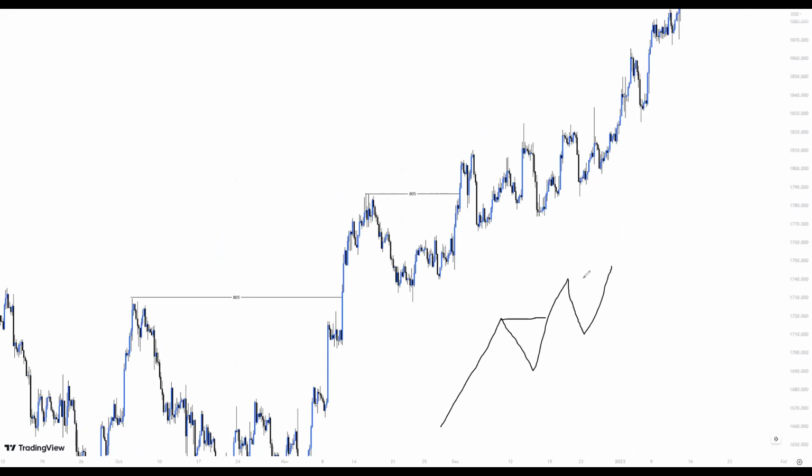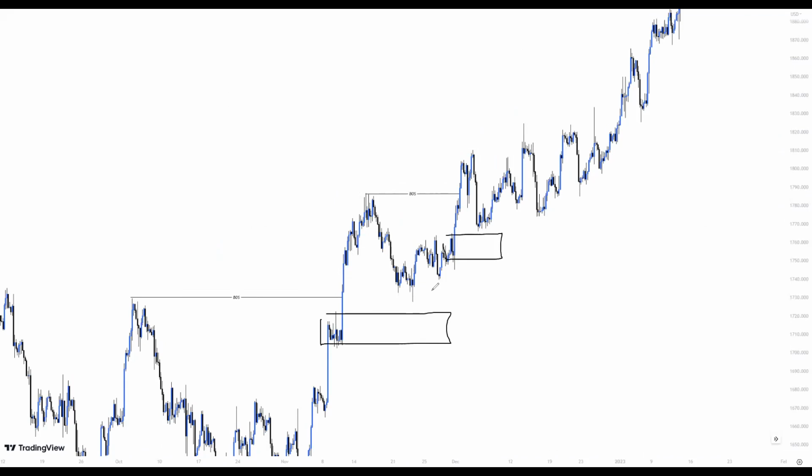Then break of structure again, expect a pullback. From there, of course, that's where you'll have your supply and demand areas. The price will be bouncing and going, so you just keep the same principle all over again.